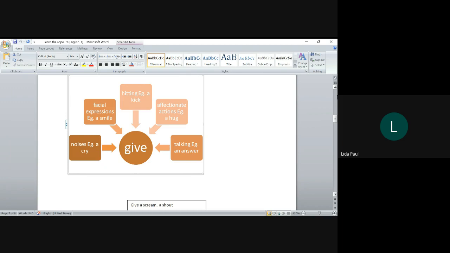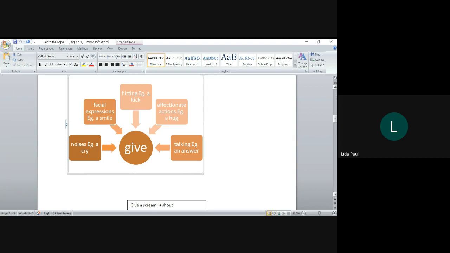Next comes talking. Again, talking is a third-time repeat. You saw that with have and with take. This is again used along with give. So what do you say? Give an answer, give a reply, give a response. In all these expressions, do not forget that the meaning is generated only from the noun used in the expression.